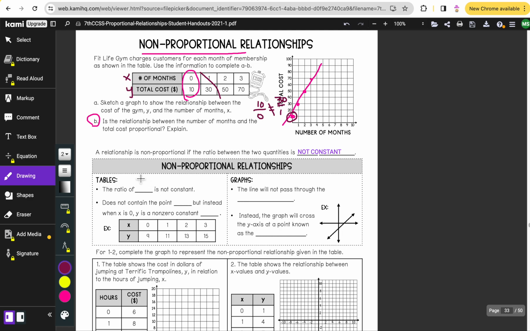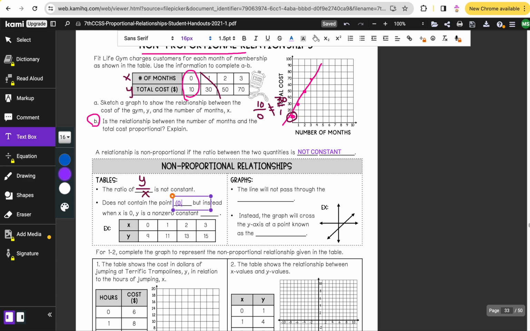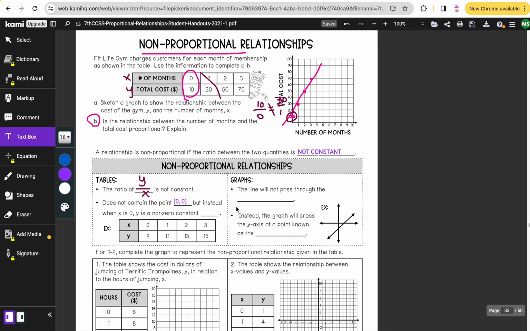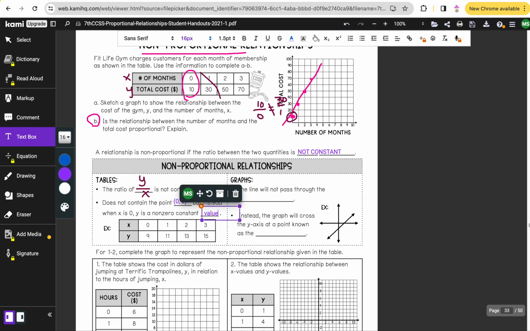So non-proportional relationships, like I was just saying, the ratio of y to x is not constant. It does not contain the point 0, 0, but instead when x is 0, y is a non-zero constant value.